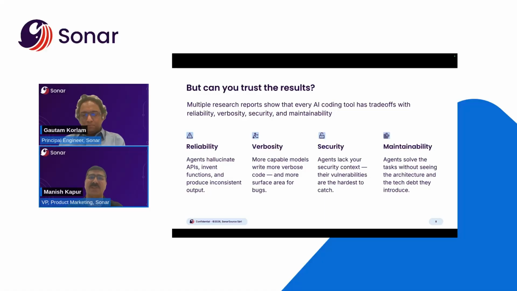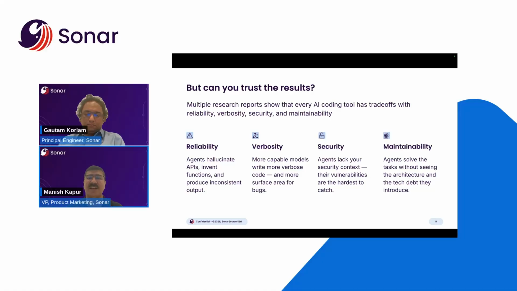We looked at the verbosity of all the latest models. Apparently, most of the newer models are taking more lines of code to solve a particular task than the previous generation of models. What that means is there is more volume of code, so it's even harder to review that code, and bugs are hidden deeply inside that large volume of code.